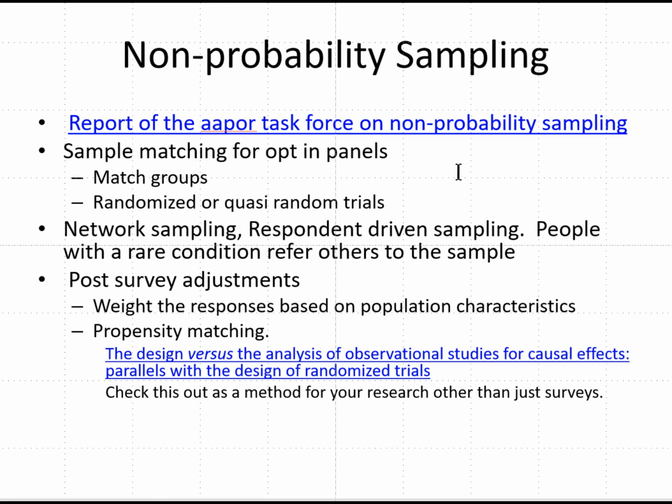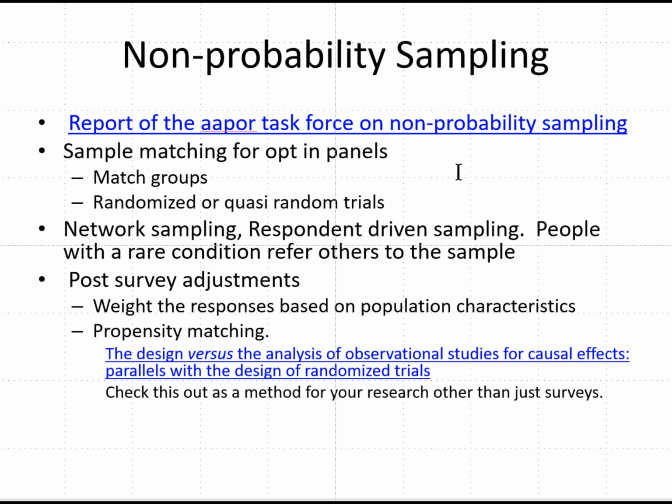There are post-survey adjustments where you weight the responses based on their characteristics. So you look at the demographics and then you weight accordingly. There's another method called propensity matching that I think has promise for this. Propensity analysis is a really strong kind of design methodology. And I've given you a link here to a paper on this that started talking about it.